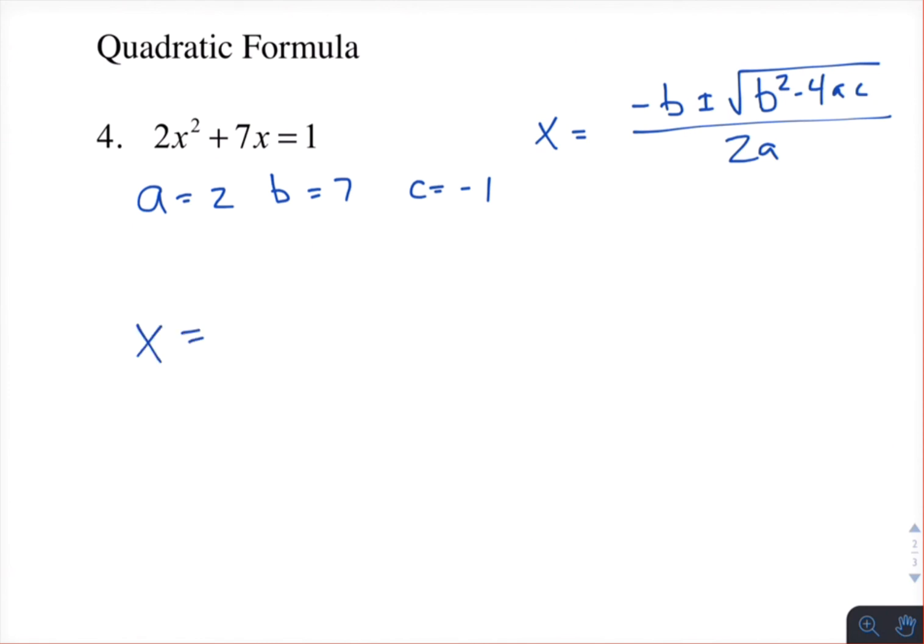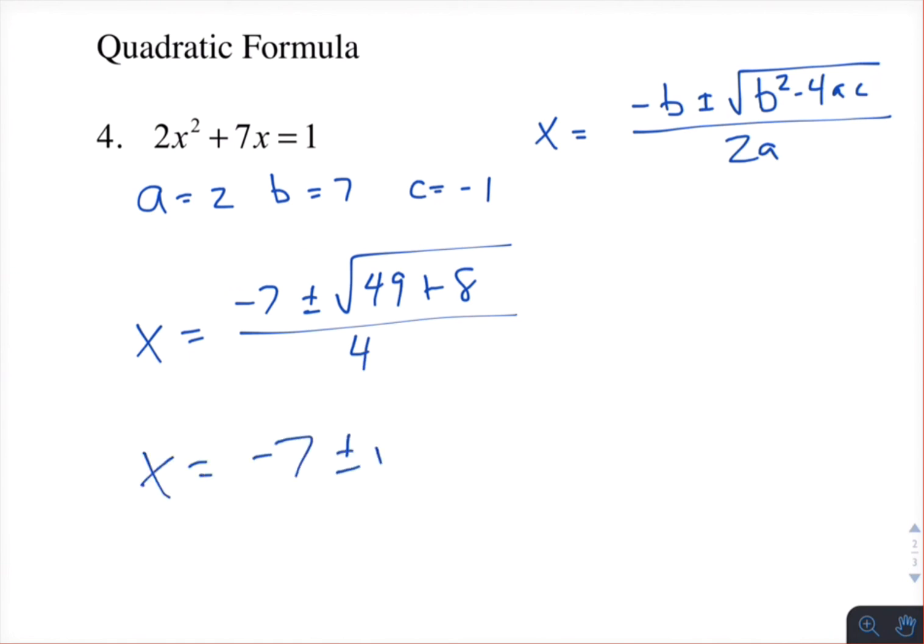So x equals negative 7 plus or minus the square root of 49 plus 8 over 4. So x equals negative 7 plus or minus root 57 all over 4.